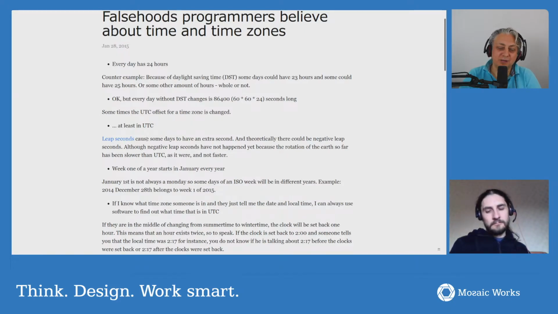And these are called leap seconds. They are announced about 6 months before. And some days have an extra second. Theoretically, and this is something I didn't know, there could be negative leap seconds. This hasn't happened before, but maybe it will.